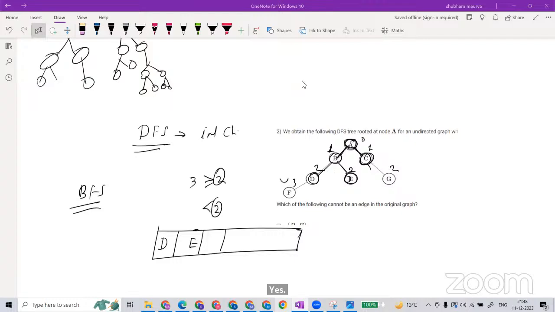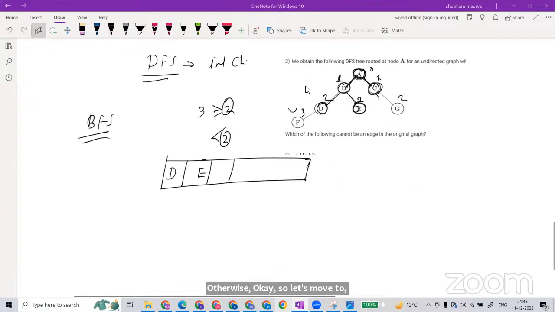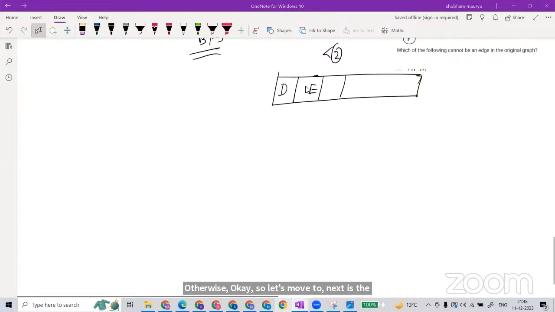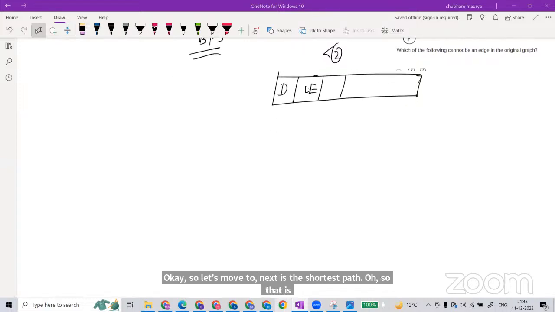Okay, so let's move to the next topic, the shortest path. The first thing is transitive closure, then shortest path.